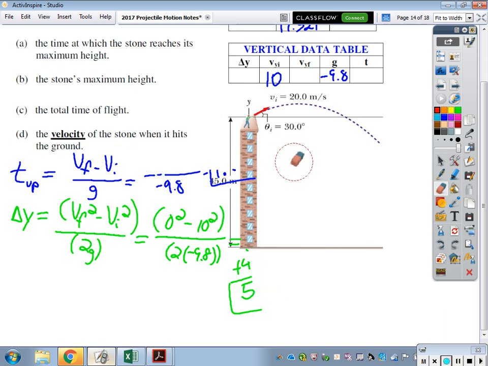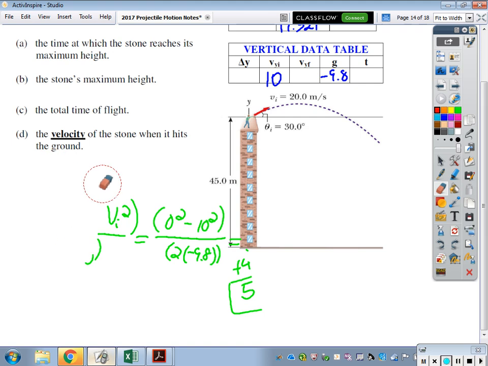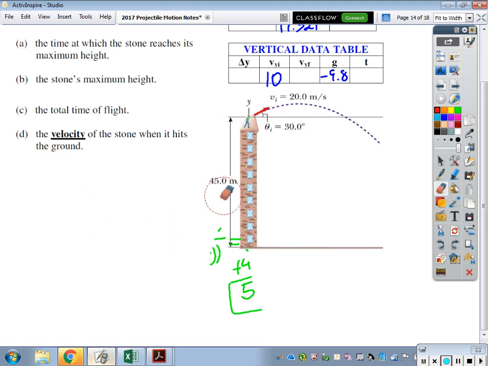All right, so then in part C, Justin Hampton, why don't you go ahead and read us what we have for part C. Okay, we need to find the total time of flight. So how do we think we're going to solve for this step? What process are we going to use to figure out total time?